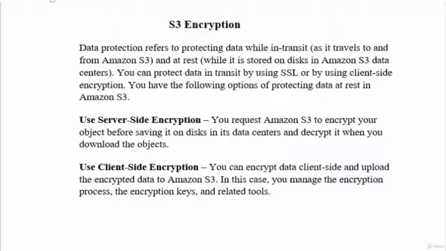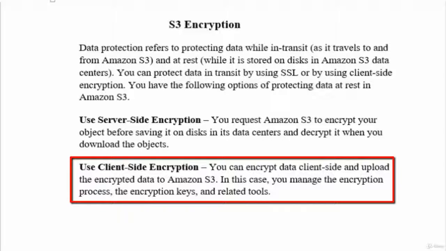This is completely handled by Amazon S3. They will encrypt your data, store it in their storage in the data center, and when you ask them for the data, they will decrypt it and provide it to you.